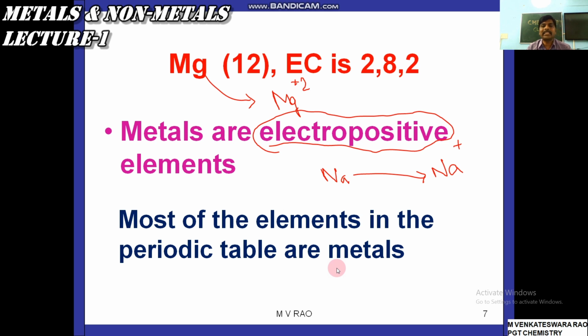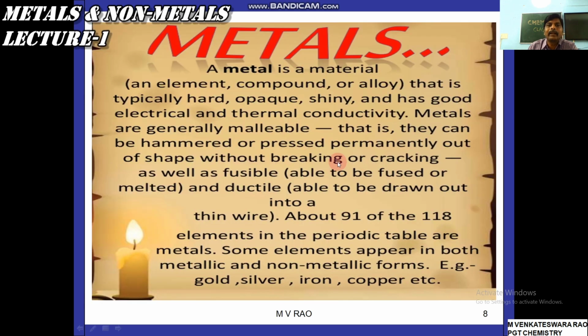Most of the elements in the periodic table are metals. Out of 118 elements, nearly 91 elements in the periodic table are metals. Now you will see briefly about metals. A metal is a material that is typically hard.